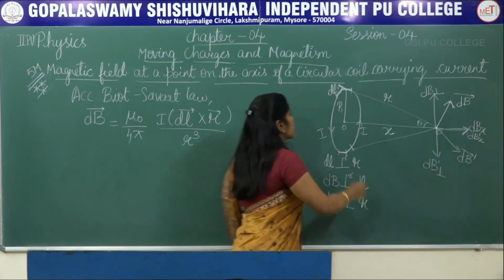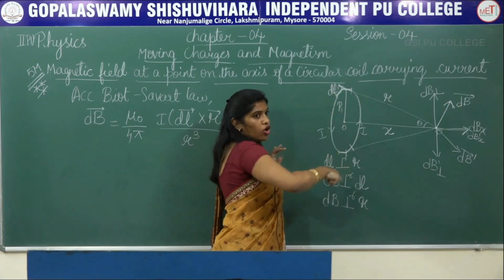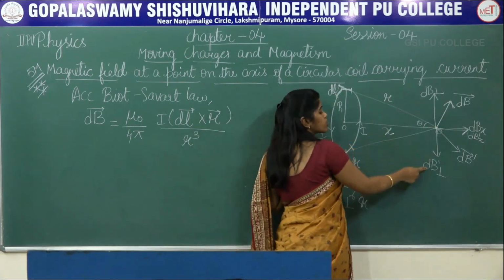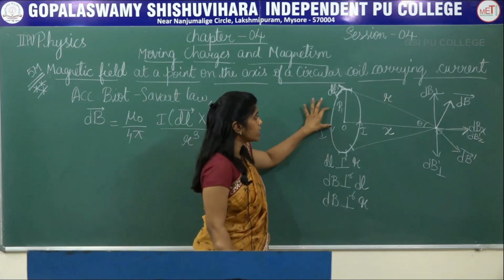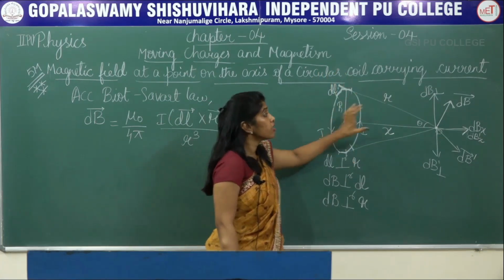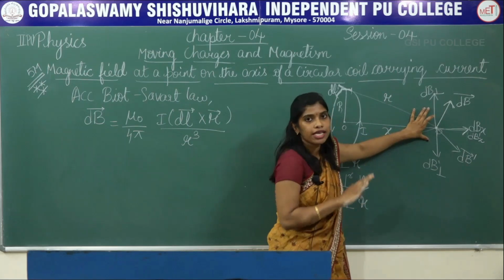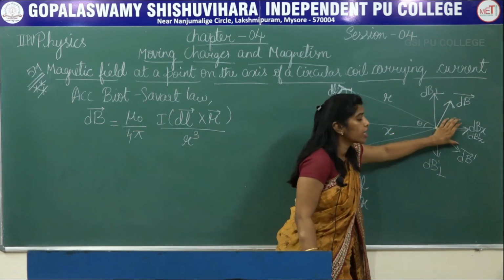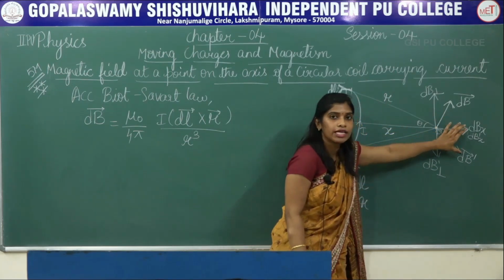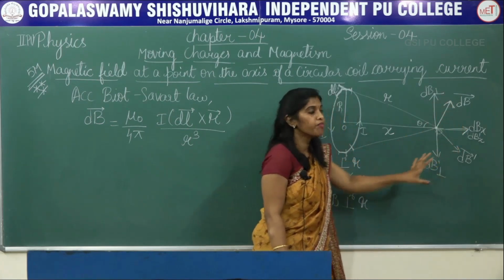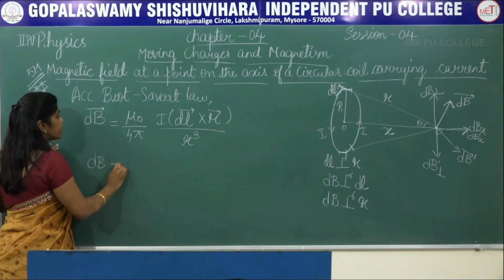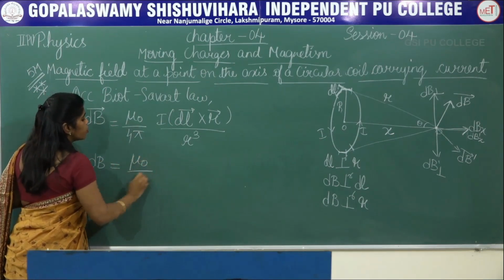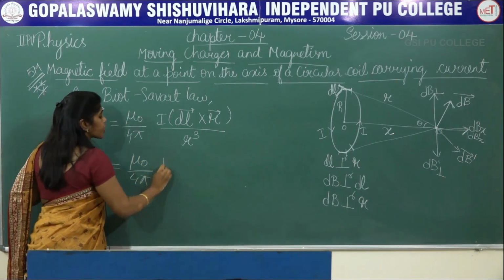That means throughout this current carrying coil, the perpendicular components of all these current elements get cancelled and only the components which are along the x-axis will get summed up. So I can write this formula dB is equal to mu naught by 4 pi I.